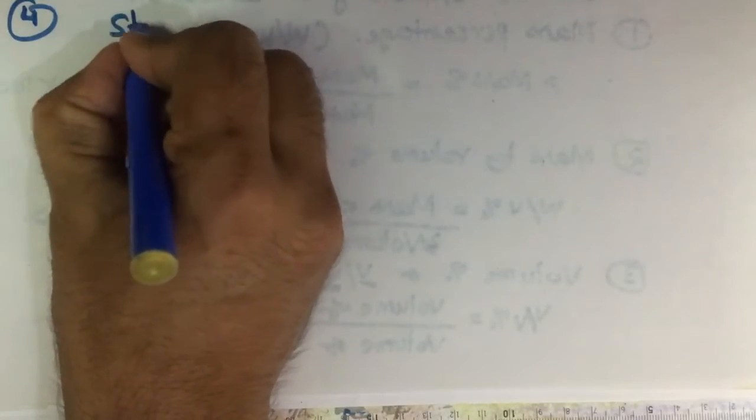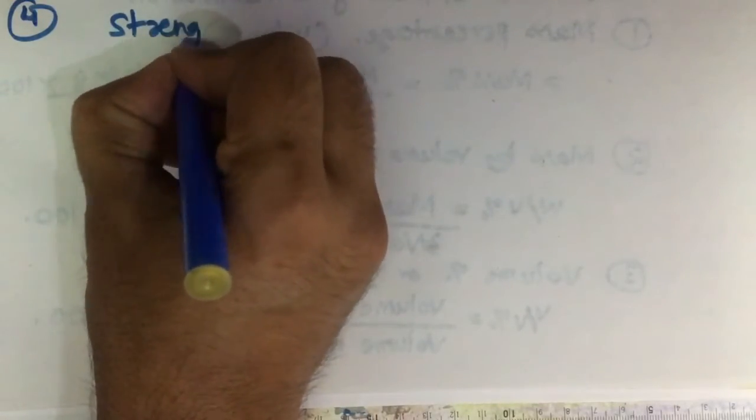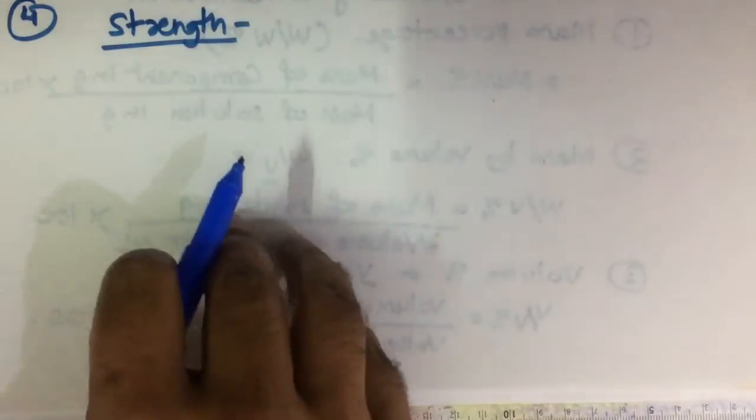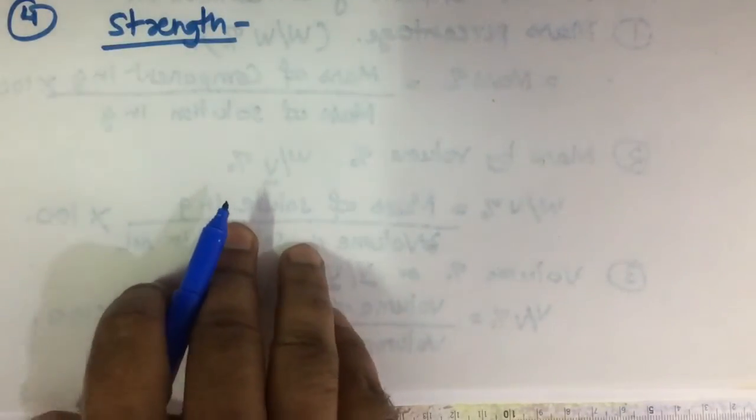Next we move to the fourth type of method of expressing concentration. Fourth is strength. Strength is the number of grams of solute present in 1 liter of solution.